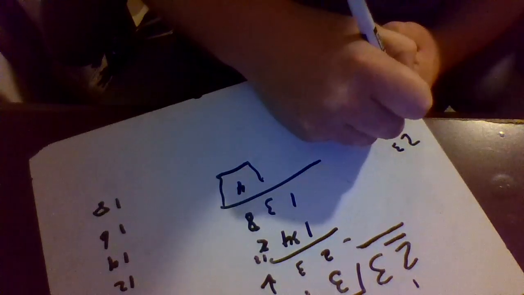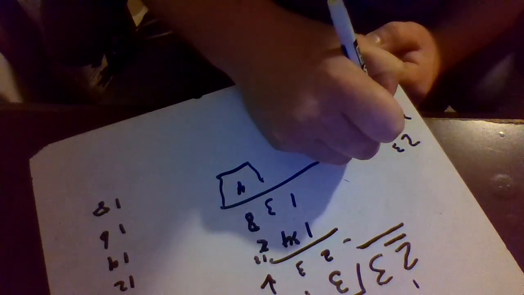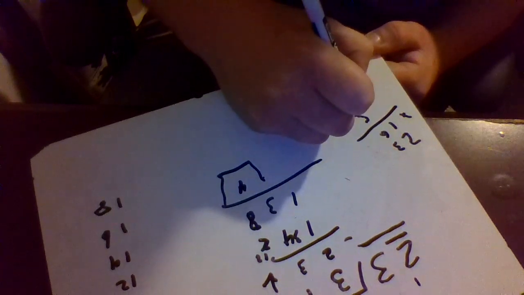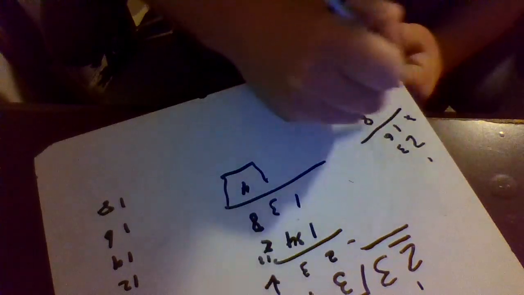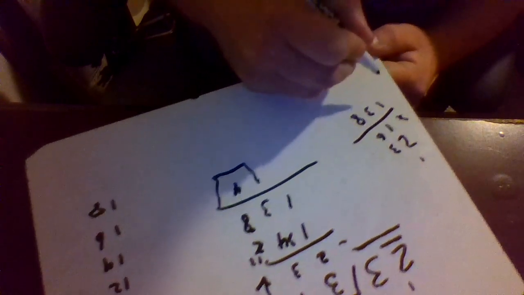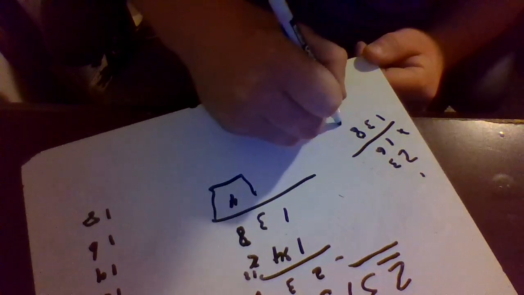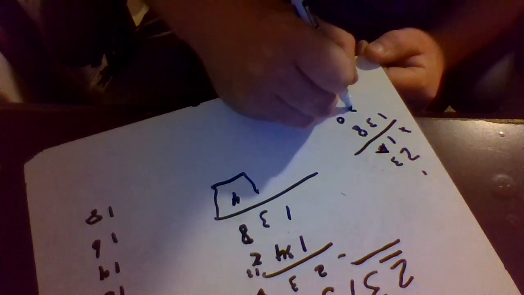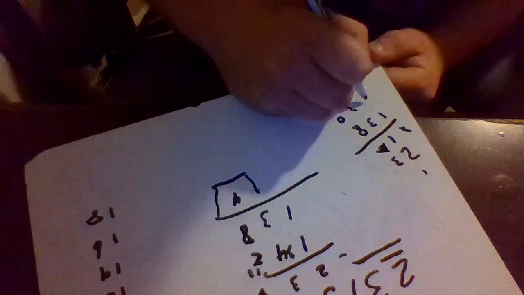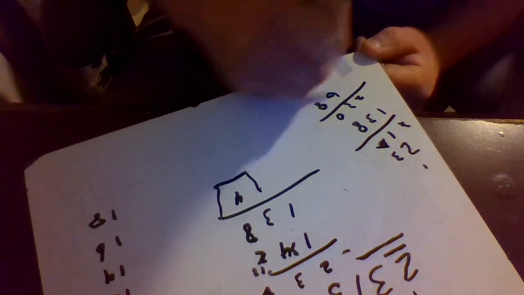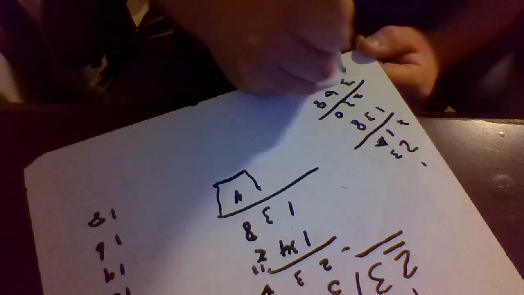And like I said, if you want to check this, you can by doing this. 23 times 16. 3 times 6 is 18. Carry the 1. 2 times 6 is 12, plus 1 is 13. We have a 0 here. 3 times 1 is 3. 2 times 1 is 2. 8, 6, 3.